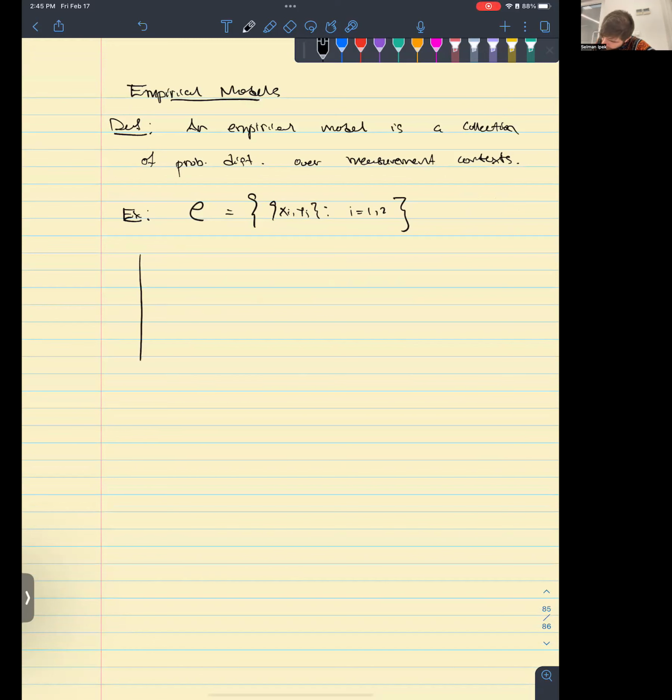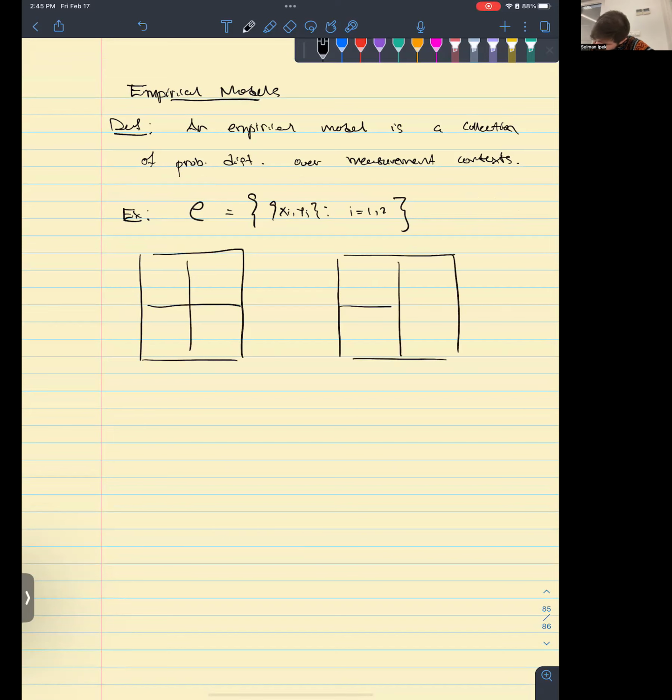So what does that look like? You have these probability tables, something like this. Let me label this: X1, X2, Y1, Y2.